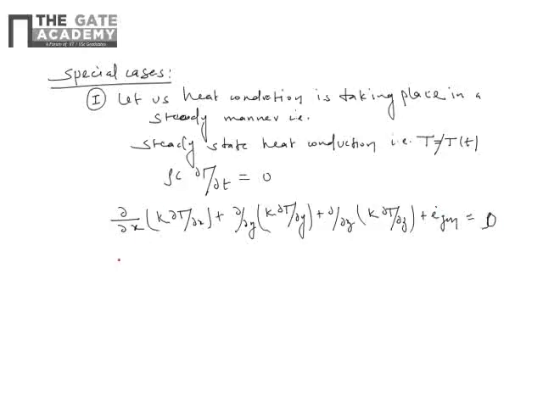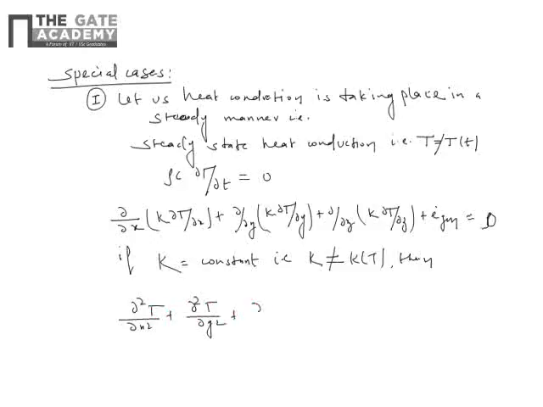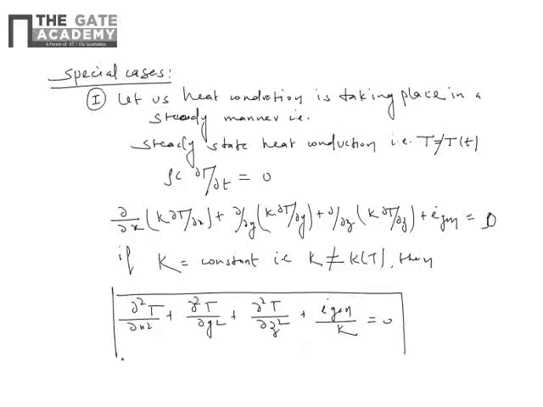And if k is equal to constant, that is, k is not a function of temperature, then the above equation will be reduced to del 2T upon del x square plus del 2T upon del y square plus del 2T upon del z square plus E dot gen upon k is equal to 0. This equation is known as Poisson's equation.